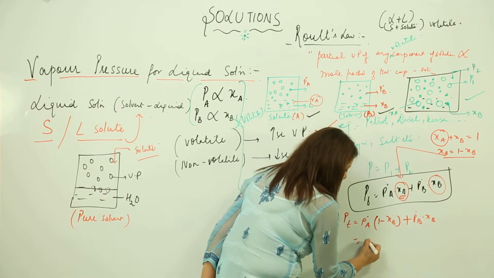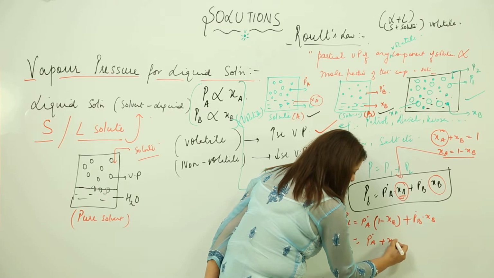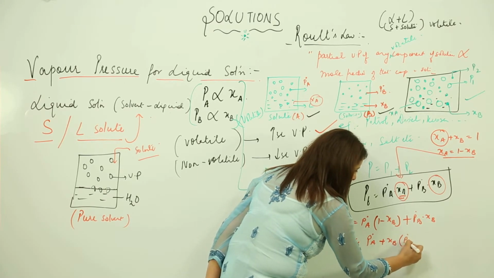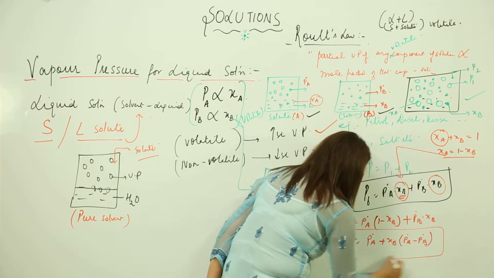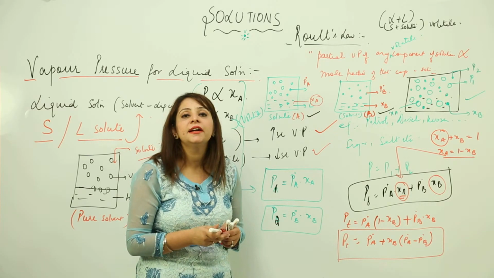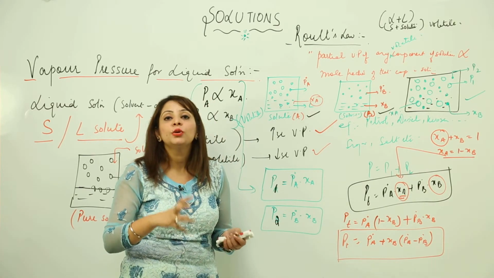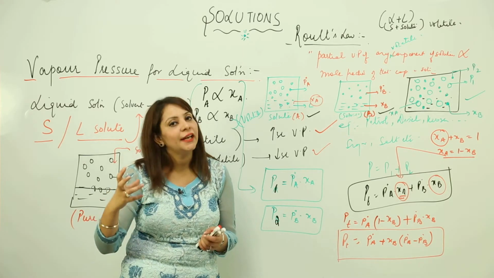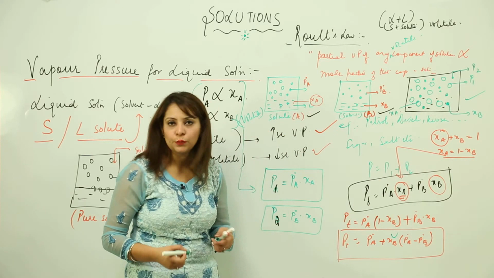I can also write it in this way: P naught A plus XB taken as common, (P naught B minus P naught A). So this is what I can have as the total pressure, and here I am just trying to relate the total pressure to the mole fraction of any one component. As I did for XB, you can also take the value for XA.